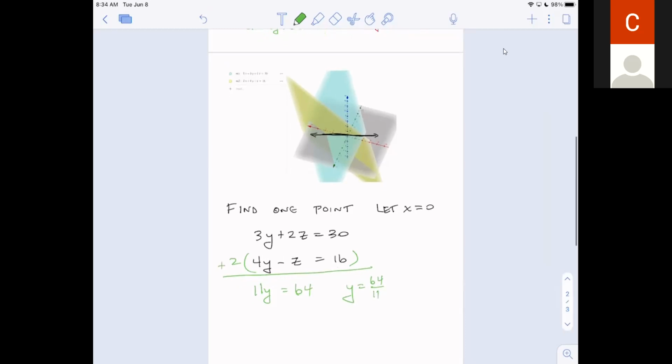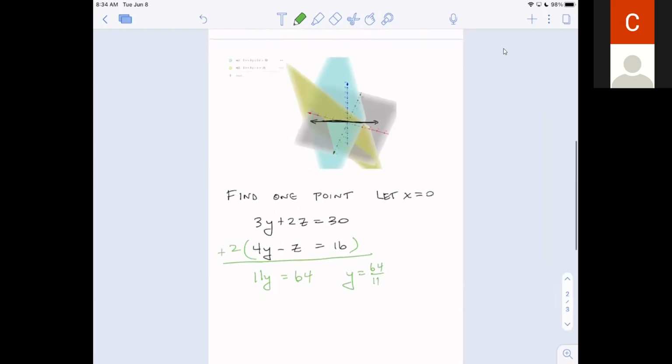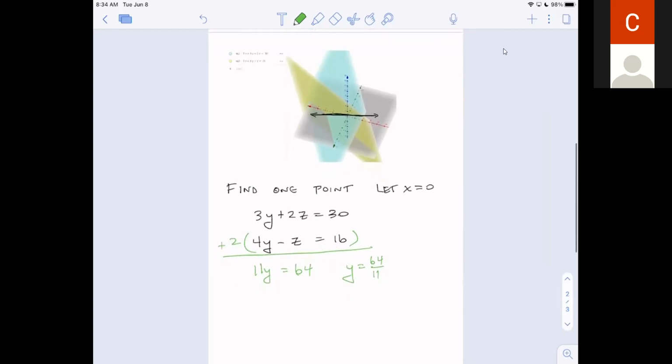So now that we know what y is, does it make sense we could go back and figure out what z is? It looks like it doesn't really matter, so I'll use the top equation. So 3 times y that we now know is this, I'm substituting this in, equals 30. So I'm just going to get my calculator out and say 30 minus 3 parentheses 64 divided by 11, say answer, get a decimal, divide by 2, get a decimal.